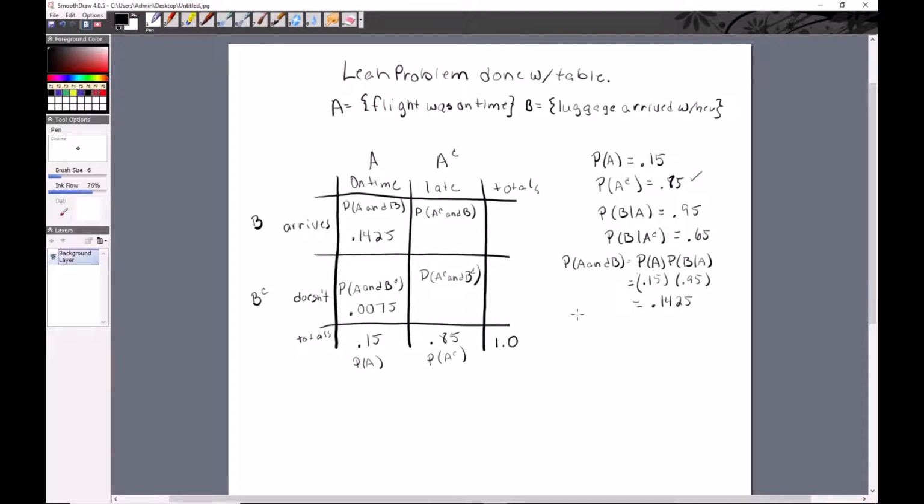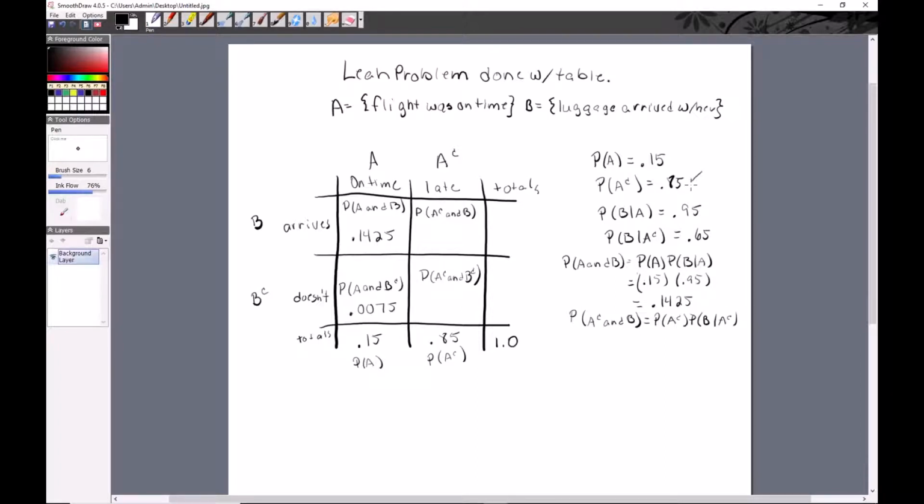I believe we can do the probability of A complement and B. That's the probability of A complement times the probability of B given A complement.